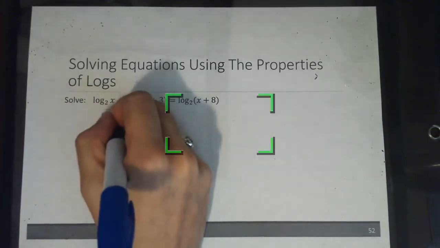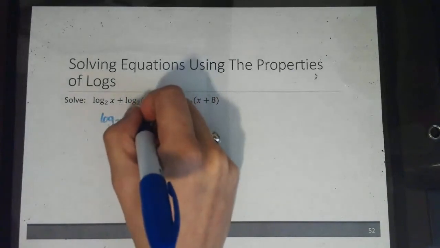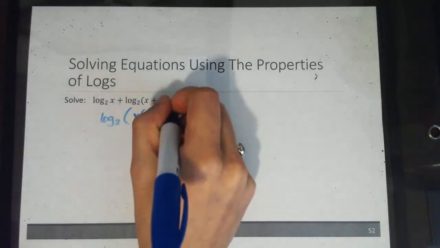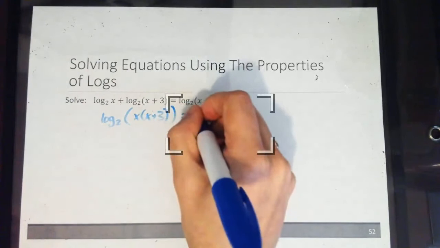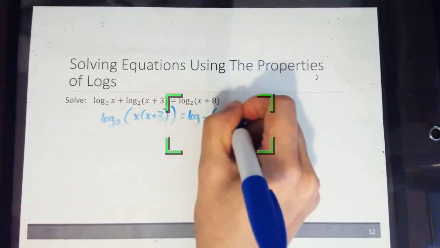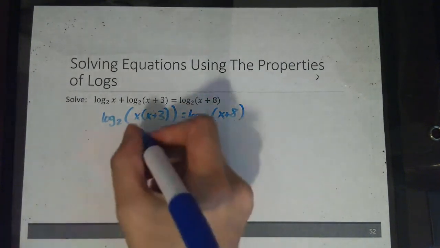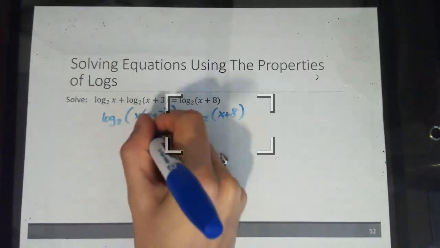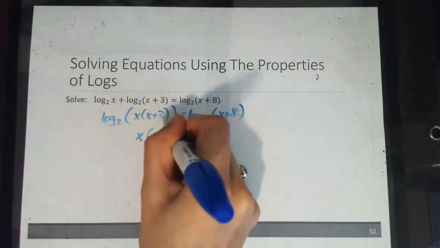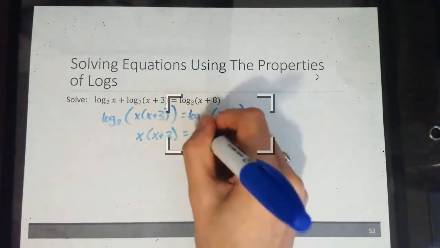I'll have log base 2 of x times (x plus 3) is equal to log base 2 of (x plus 8). Since I have log base 2 on both sides, I can just look at the arguments. They must be equal. So x times (x plus 3) is equal to x plus 8.